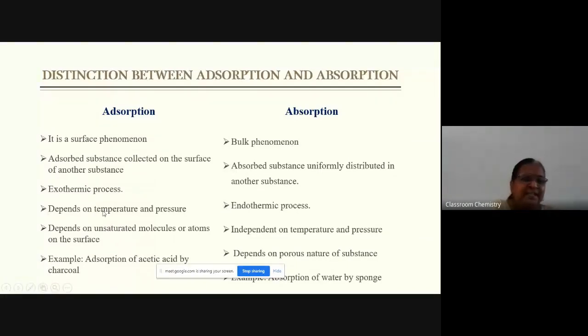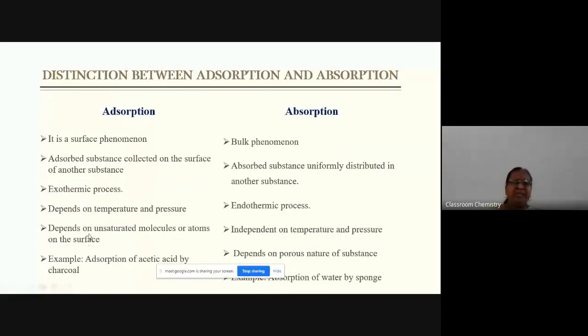We will see these in the factors affecting adsorption, that is, how temperature and pressure affect adsorption. But absorption does not depend upon the temperature and pressure. Adsorption हे temperature आणि pressure वरती depend असतं, परंतु absorption does not depend upon the temperature and pressure.